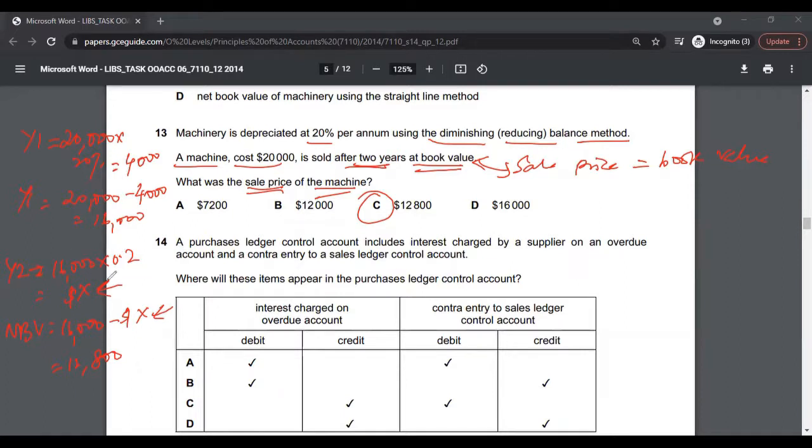So 16,000 times 20% will give you some number, and 16,000 minus X dollars will give you the net book value of 12,800. The question says the company sold the asset at net book value, and the net book value is 12,800, and that's your selling price as well. So the answer to multiple choice 13 is option C.